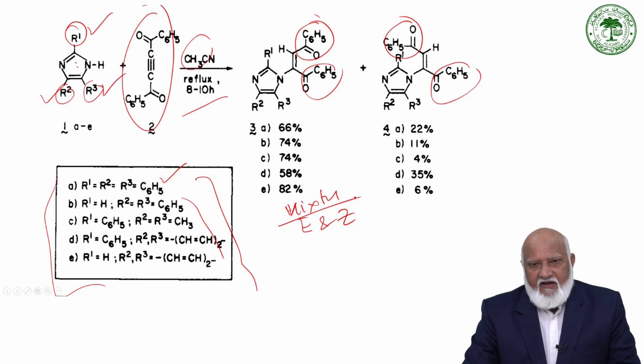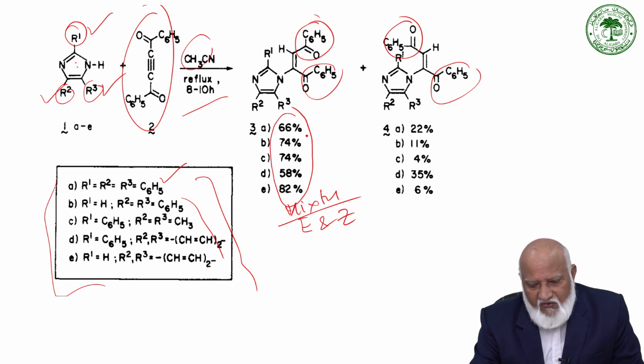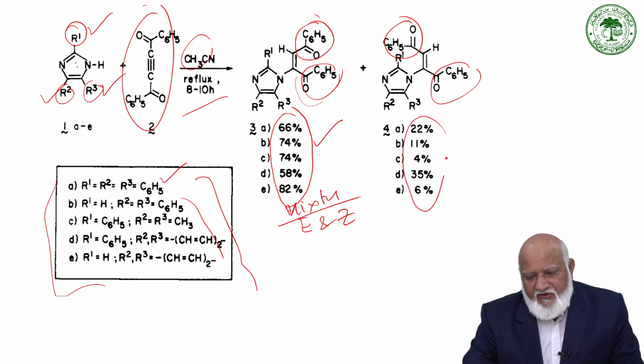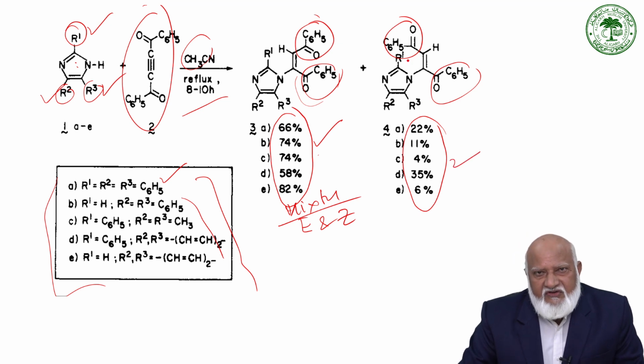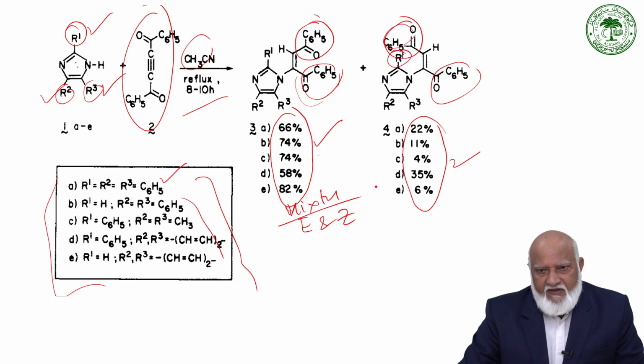E and Z added products of a large number of imidazoles have been reported, and as mentioned before, the yields of the isomer where the two benzoyl groups are on the same side are much higher than the isomer with the benzoyl groups on opposite sides, because of the severe steric hindrance between the benzoyl group and the substituent R over here.